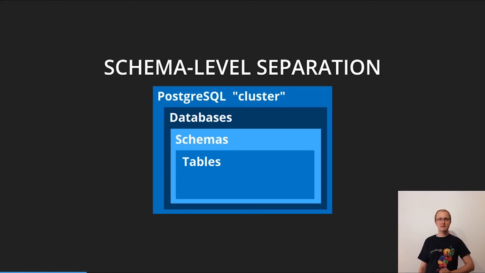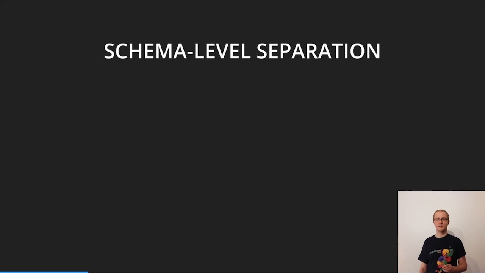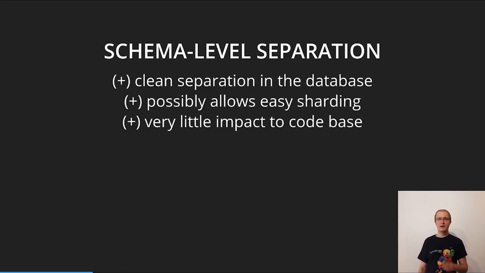So using one schema for each client allows you to have everything in one database, but have everything clearly separated by client. It also possibly allows you to scale up easily, because once you grow too large to keep everything on one database server, you can just move the different schemas of different clients to different servers.